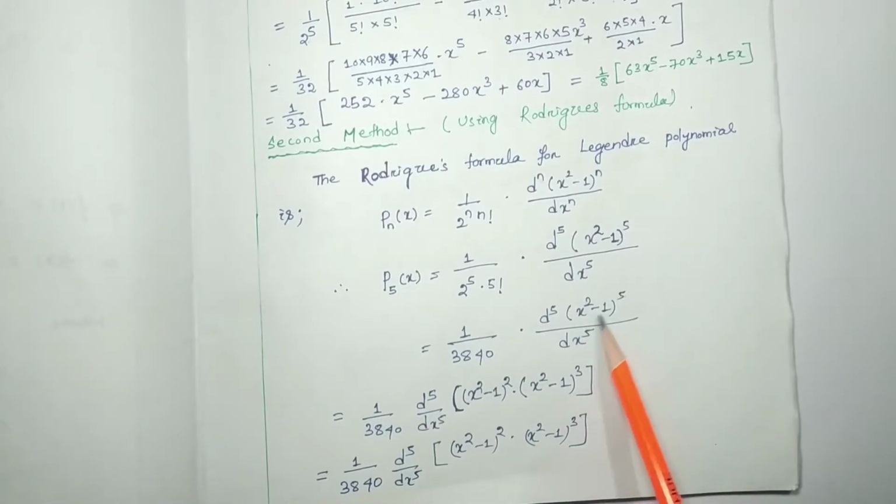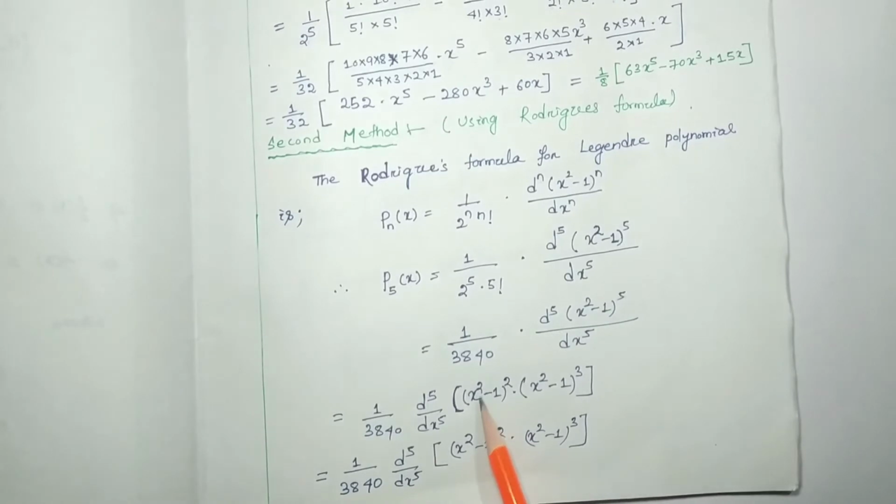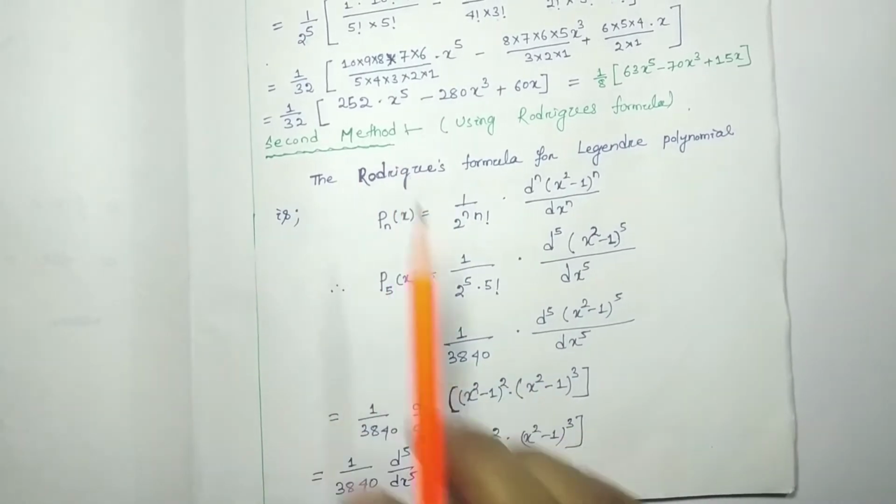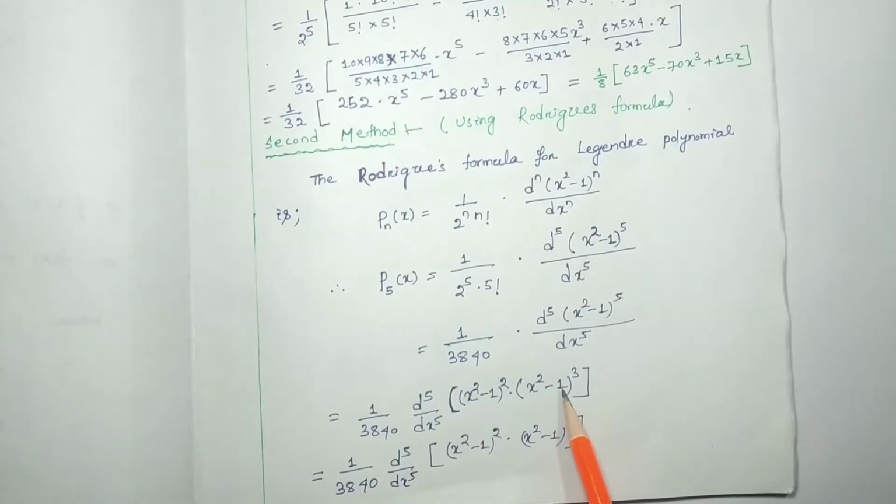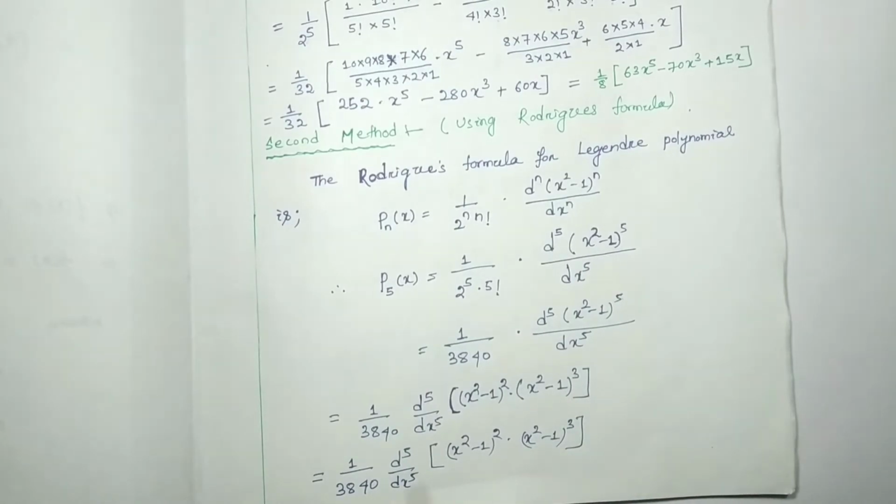Here I have written (x^2 - 1)^5 as (x^2 - 1)^2 into (x^2 - 1)^3, because this will be in the form of (a - b)^2 and (a - b)^3.